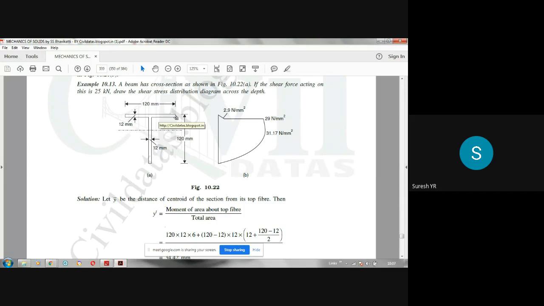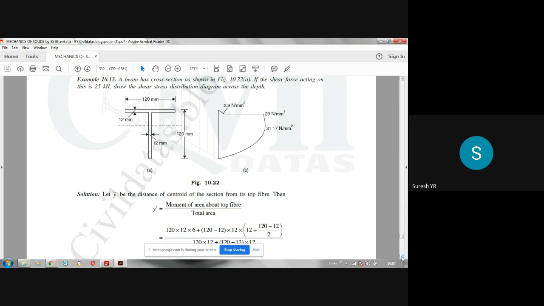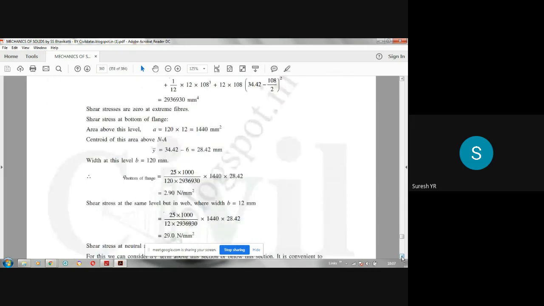So the area of this flange above the bottom of flange is taken in the formula. Small a represents this area, 120 into 12, and Y bar means the distance of the centroid of that area from the neutral axis. So it will be 34.42 minus 6. Please note that 34.42 minus 6 is Y bar, as written here.